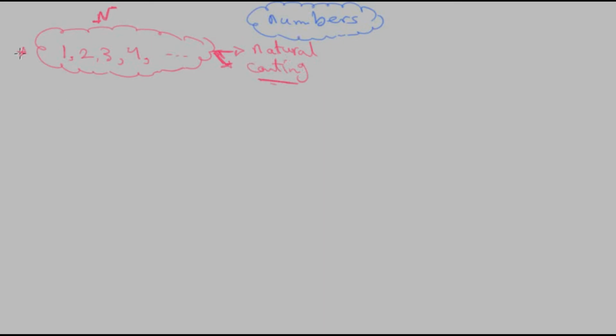Now another question people asked: what if I wanted to express that I don't have anything? Which number can express the existence of nothing? So people discovered another number called 0 and added it to our group of natural numbers to form a new group called the whole numbers.